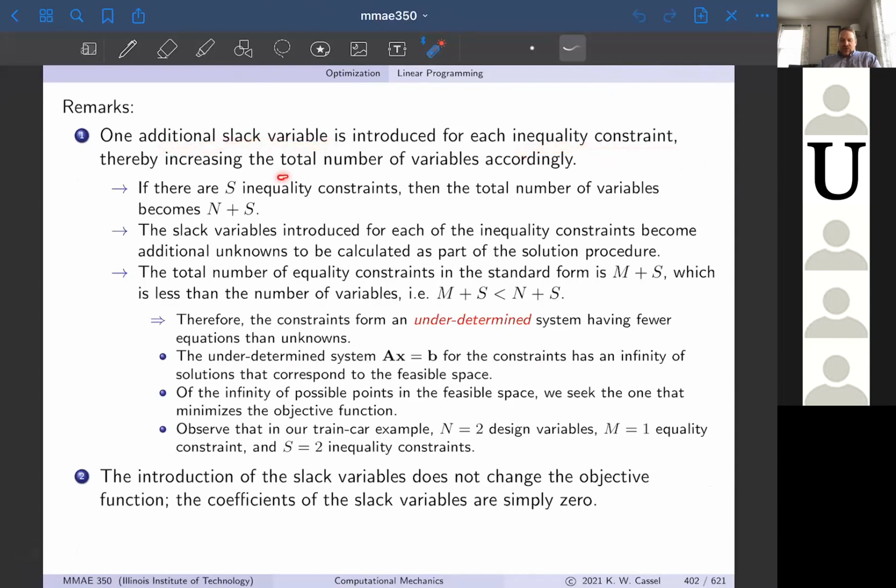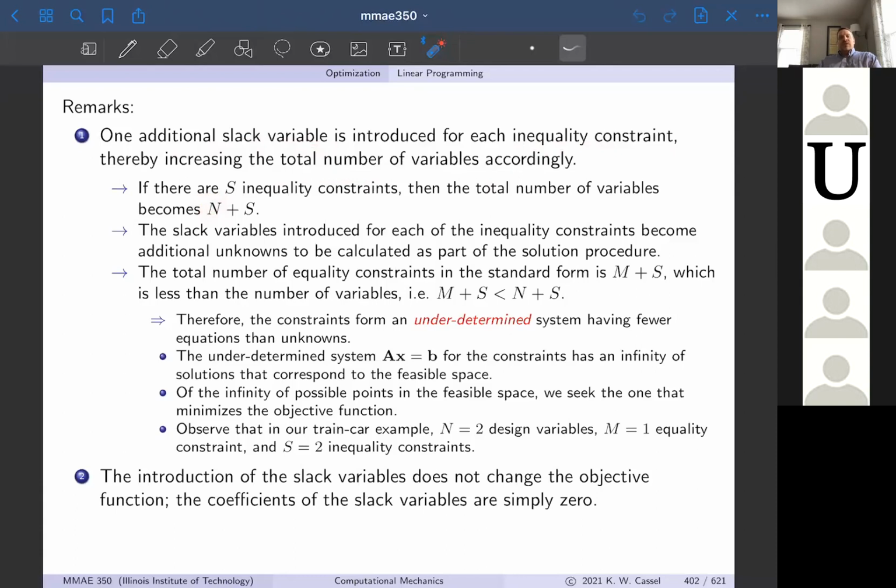And so that increases the total number of variables by one. So if I have 15 inequality constraints, then my design variables, X, are going to include an additional 15 slack variables. And remember the N, S, and M. N is the number of unknowns, so that's the number of design variables that we're looking for.